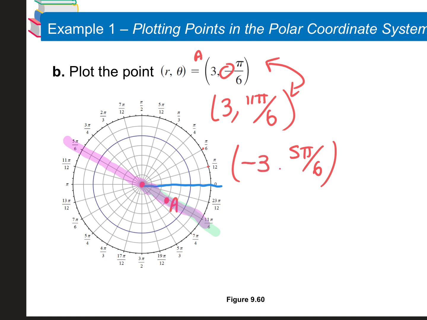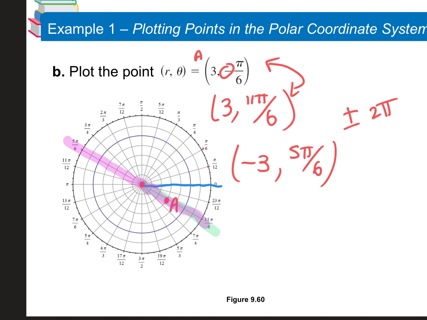So it would be negative 3 comma 5 pi over 6. All of those are the exact same thing, guys. It's important to understand that from the pole, you can go towards the angle, which is a positive directed distance. You can go away from the angle, which is a negative. You could also add or subtract 2 pi and get into the exact same situation.